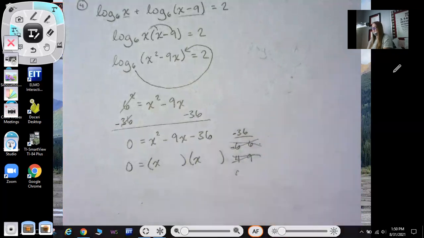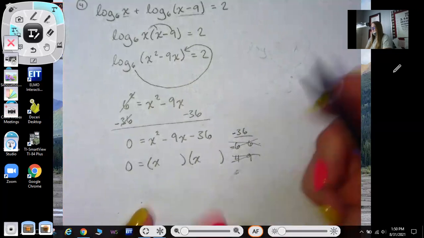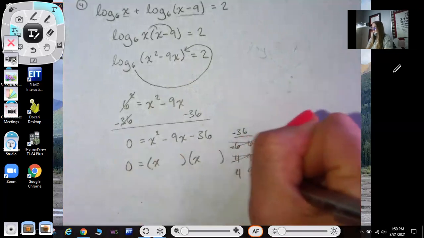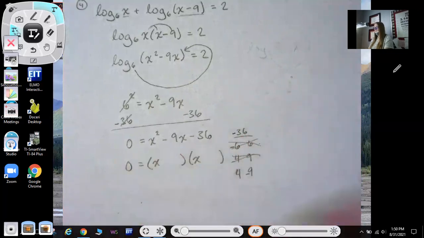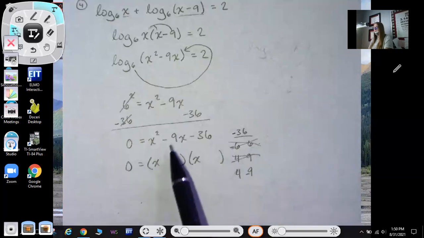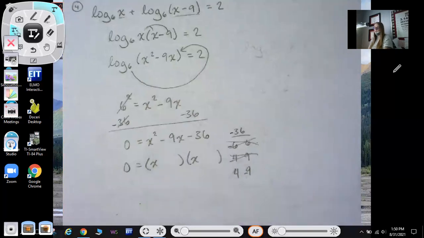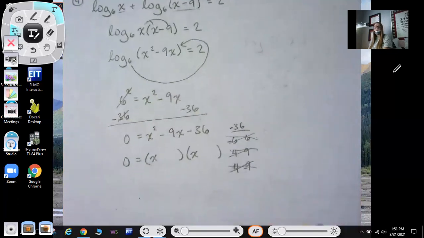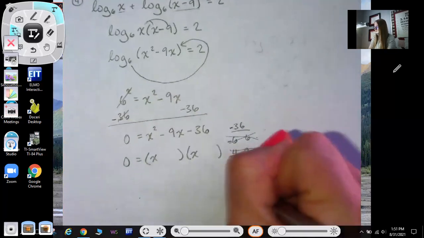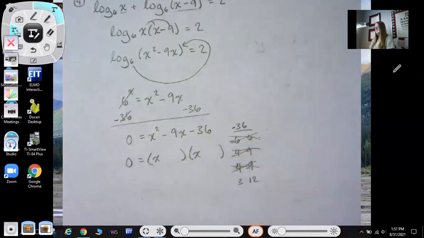Well, let's say we still use 4 and 9, but now we make the 9 negative. That still doesn't add out to be negative 9. It adds to be negative 5. Those don't work. What other factors of 36? 3 and 12. Okay, one of them's going to have to be negative. Which one should it be?